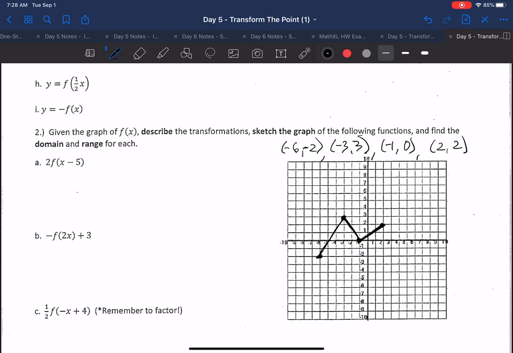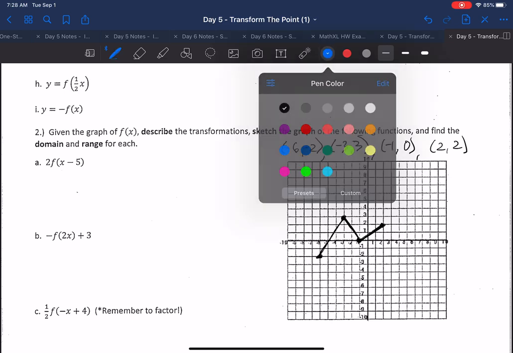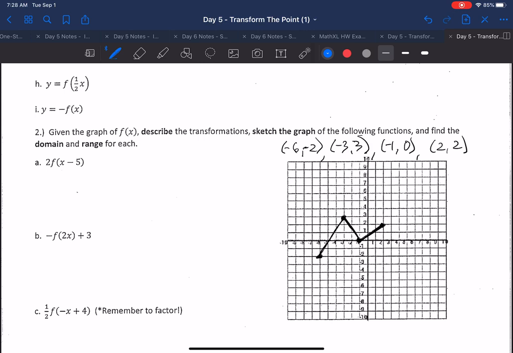So what I like to do in this case is look at my transformation and think about it transformationally. What I see here is a vertical stretch of 2.